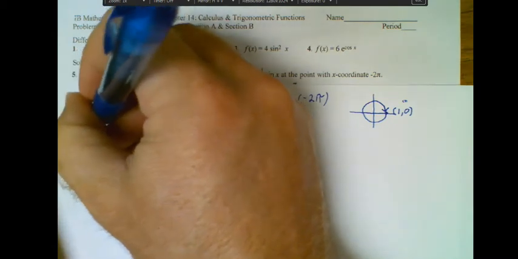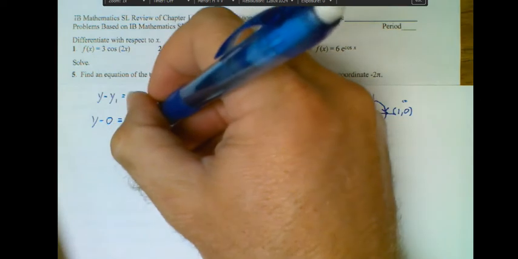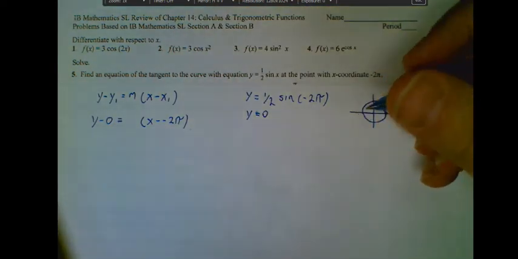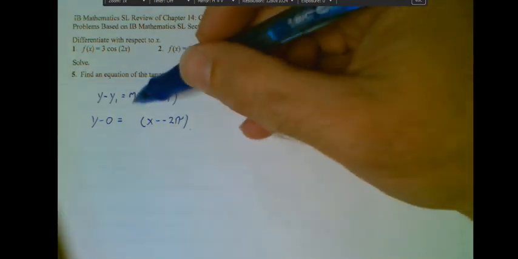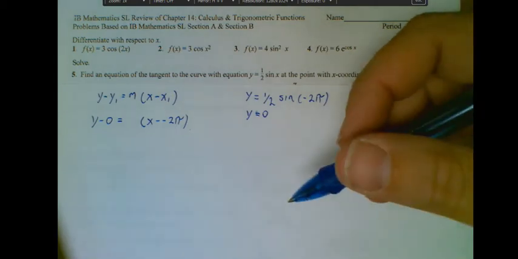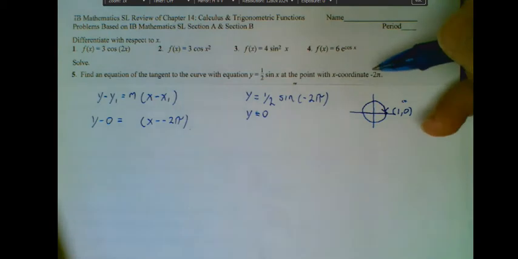Let me just write what we have so far. So we have our x1 and y1 that was already given to us. I just need to come up with a slope now to plug into that equation. And the slope you can always expect to come from the derivative. So anytime you plug an x value into the derivative, you get a slope.